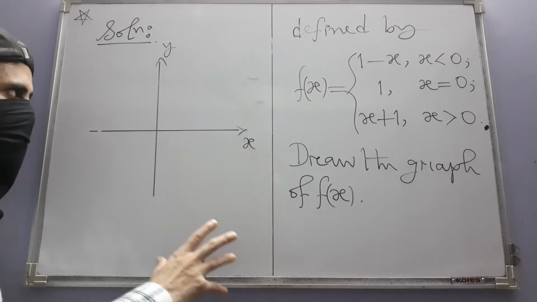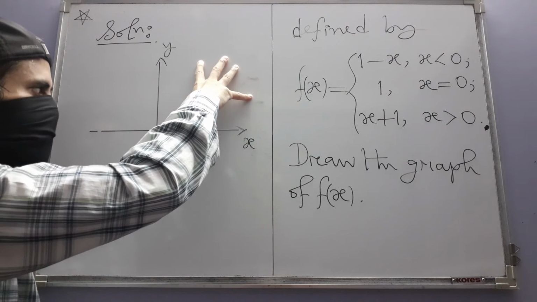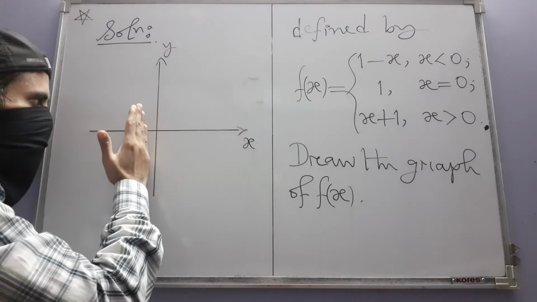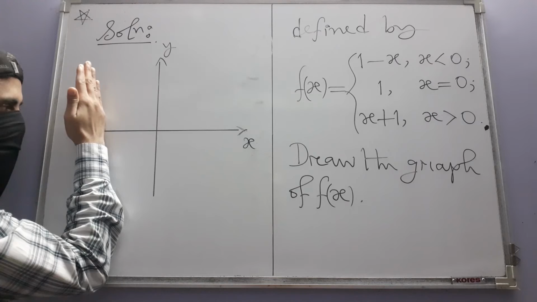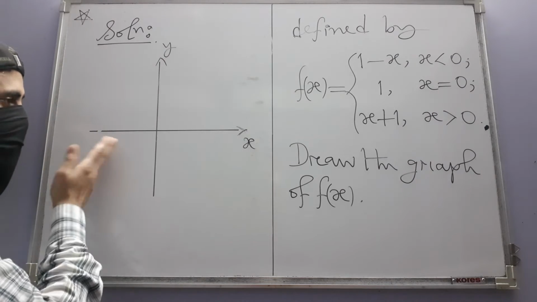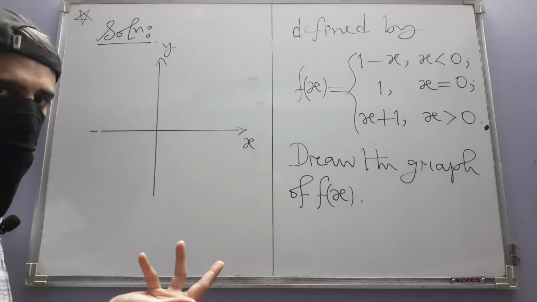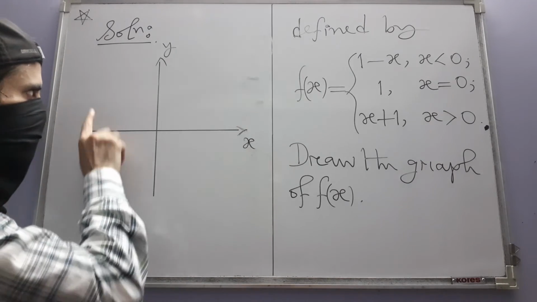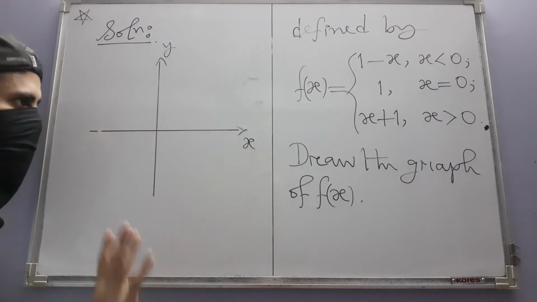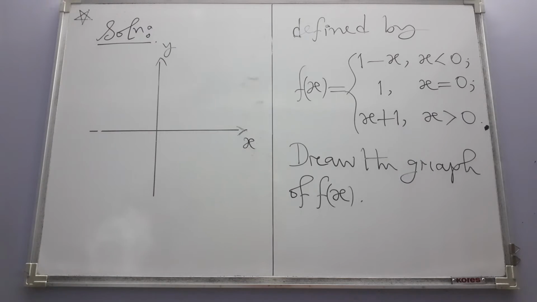So if it lies here, then there is no need to draw the axis like this. You can draw the y-axis somewhat on this side because this part is not important. Here, however, I don't know how the graph is ultimately going to turn out. That's why I have kept room for all possibilities.